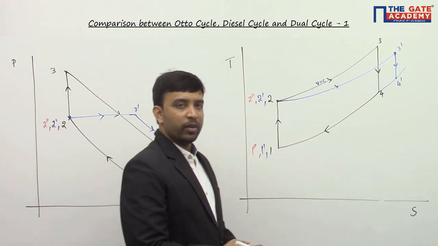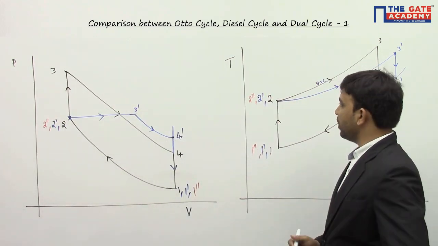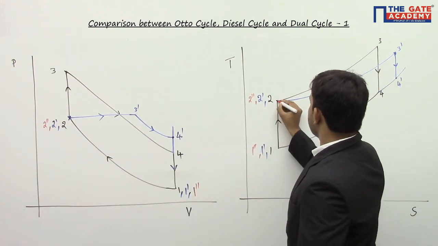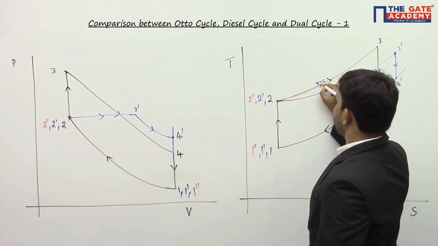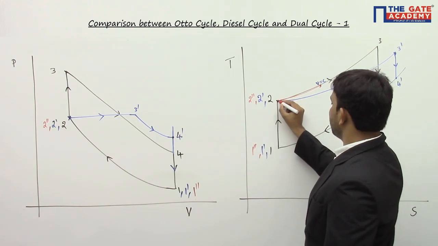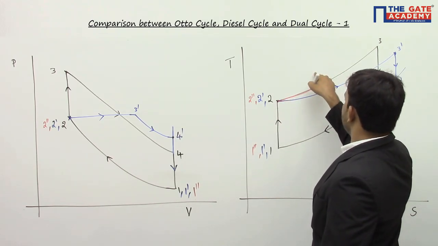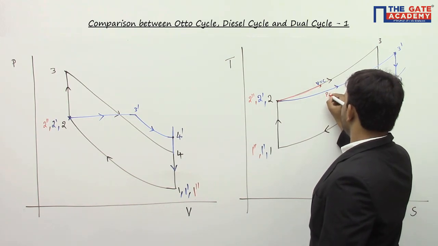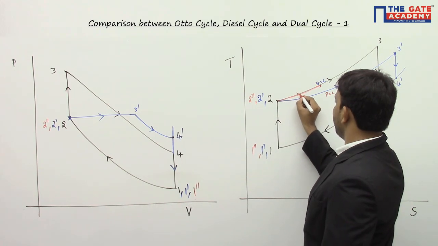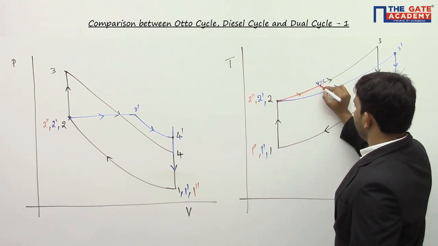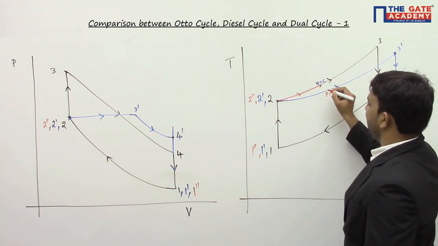Then I go for constant volume heat addition. In dual cycle, first we go for constant volume heat addition, and after that we go for constant pressure heat addition. Since this is a constant volume heat addition process, it will coincide with the earlier constant volume line. This is the constant pressure line for diesel cycle. For dual cycle, first we will be having constant volume heat addition process, therefore this red color line will coincide with the black color line.